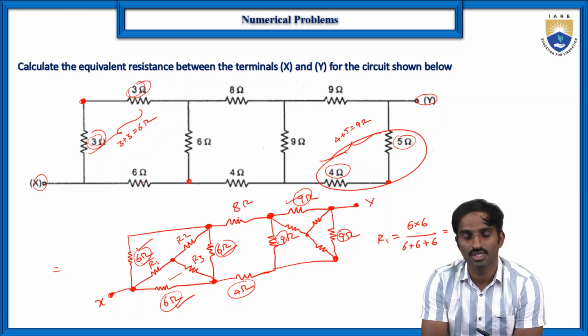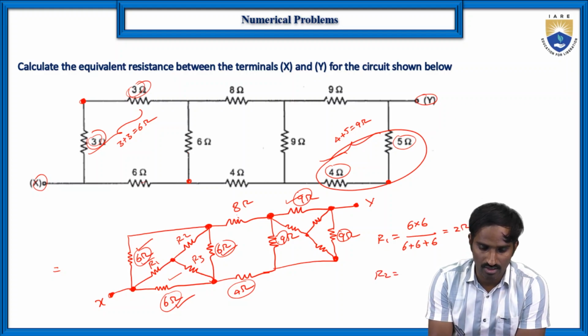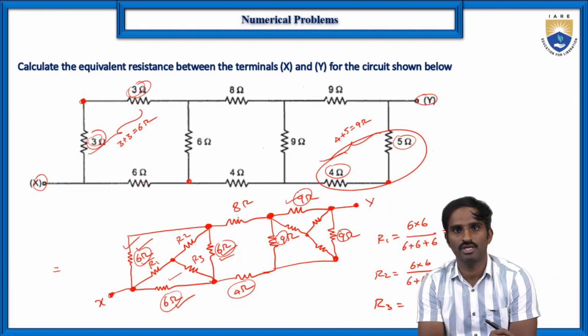Similarly, to find R2, of course here all the resistor values are 6, so it is very easy. The two resistors connected to R2 are 6 ohms and 6 ohms. Again 6 into 6 by 6 plus 6 plus 6, which is again 2 ohms. Similarly, R3 is also 2 ohms, right?